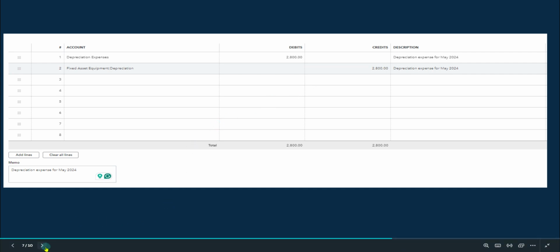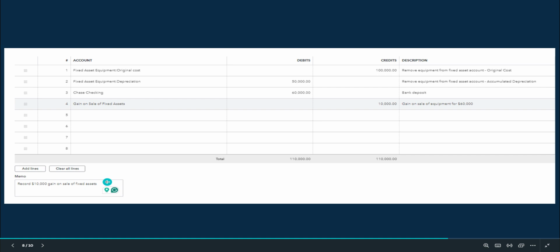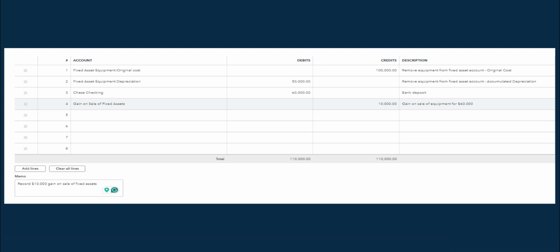Okay, so now it's possible you need to sell this fixed asset at some point. I'm just showing you an example of what you need to do if you have a gain or loss on sale of the fixed asset. In this case, it's a $10,000 gain. Looking at your books, you bought it for $100,000, so you need to take that out of your books, remove it from your fixed asset account, and check how much cumulative depreciation you have at that point.